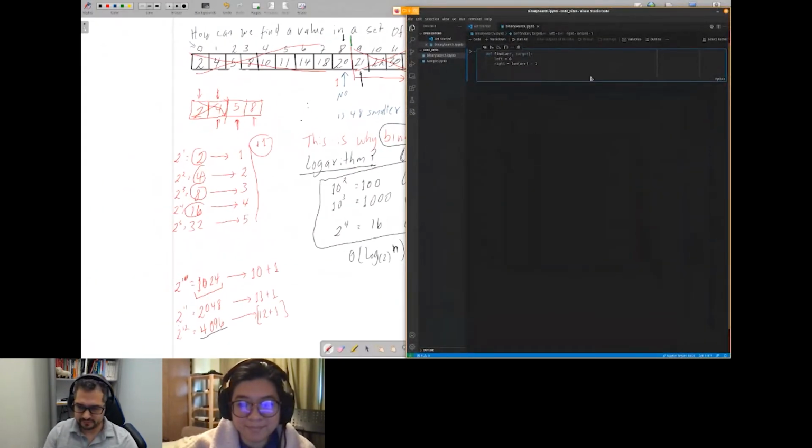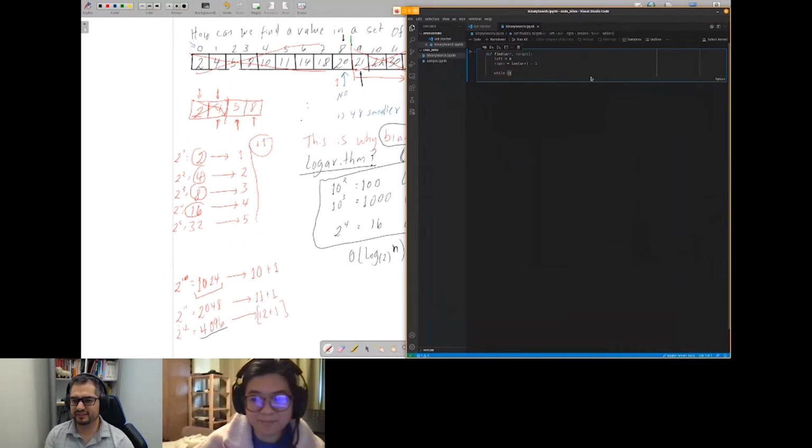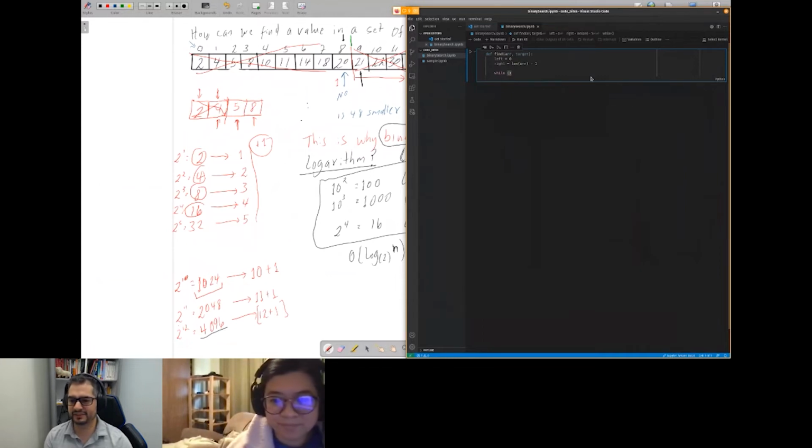So what I'm going to say is, I'm going to say while, and this is because I'm going to keep on looking in the array while I haven't found the element, or if I still have elements in there. How do I know if I still have elements to search?